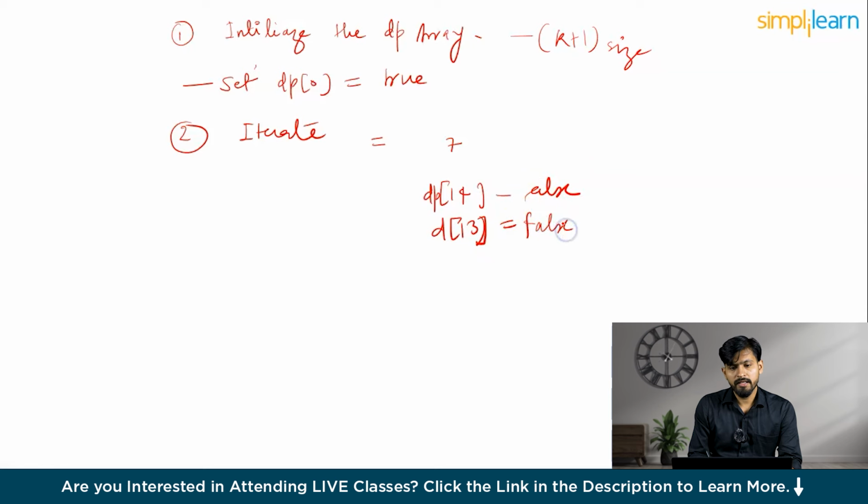Similarly, we have 12, 11, 10, 9, 8, and till 7 we have to go. So here it will be false, and this will also be false.